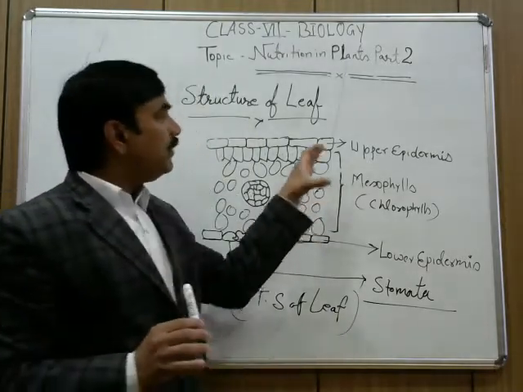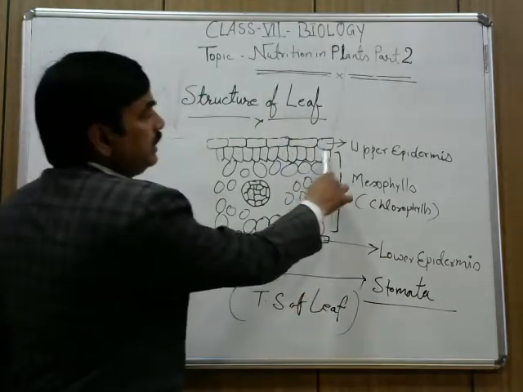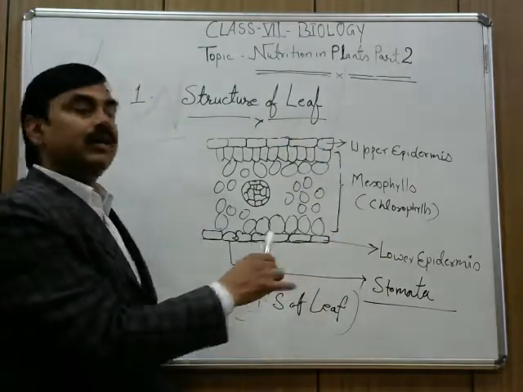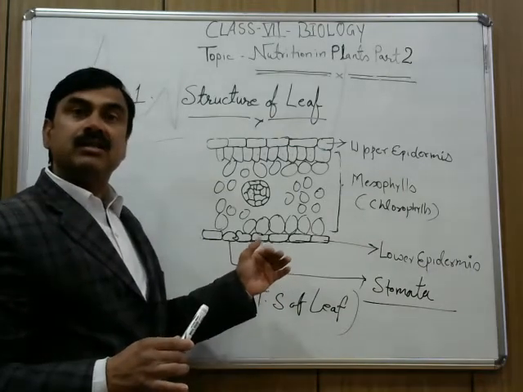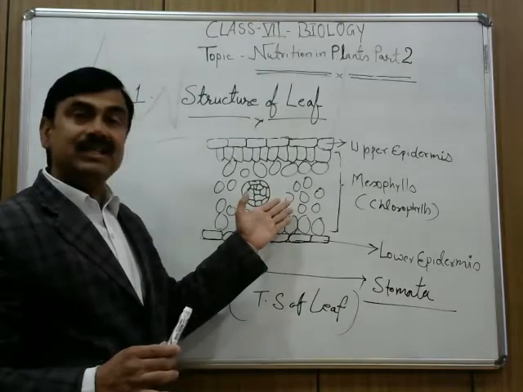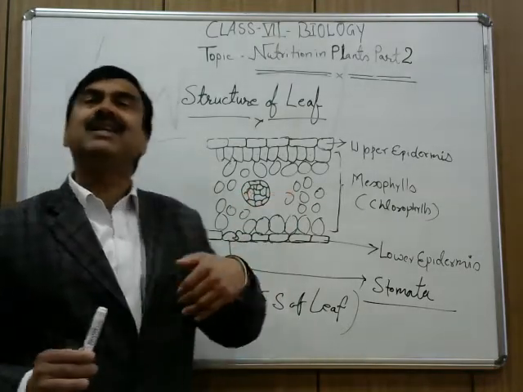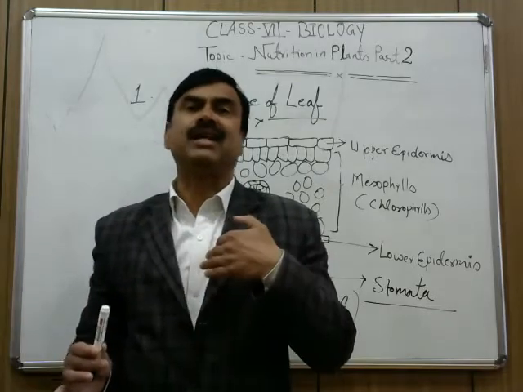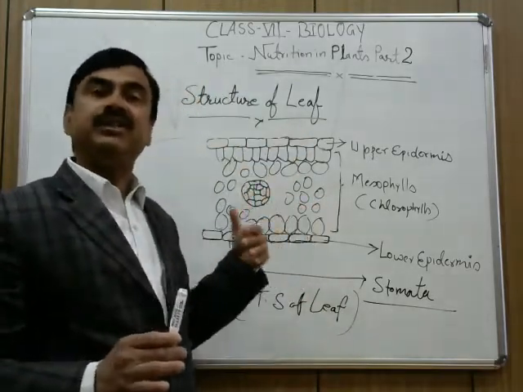Between the upper epidermis and lower epidermis, all these things you can see, the entire tissues are called mesophyll, which contains the spongy tissue and the palisade. It is for the higher studies of 9th and 10th class, but in class 7 it is sufficient for you.